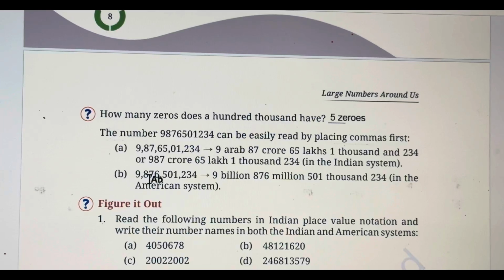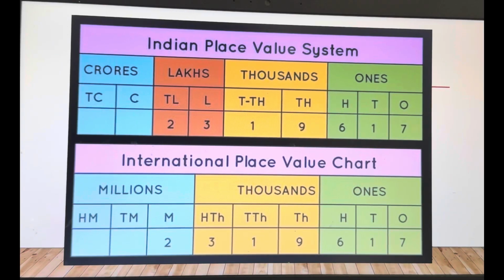Again, the numbers between the commas have to be read together, and then we put the place value. So 9,876,501,234. Right? Now we'll try to solve the figure it out exercise which is given.